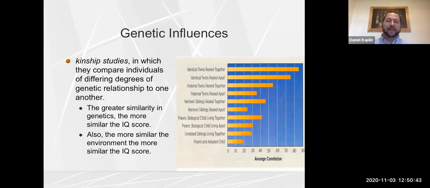And we tend to see that fraternal twins' IQ is much more similar than non-twin siblings, and then unrelated siblings or adopted children. So as the genetic similarity gets lower, we tend to see a drop-off in the correlation of IQ.